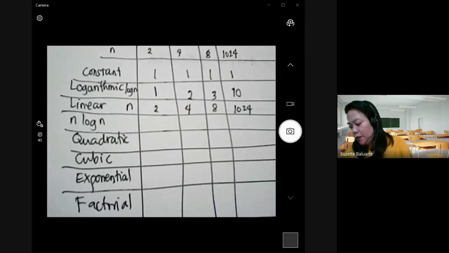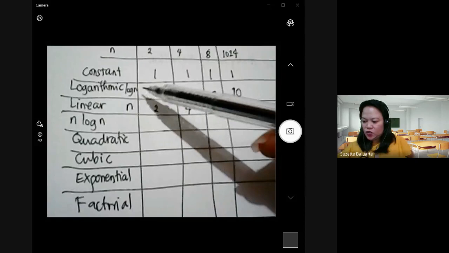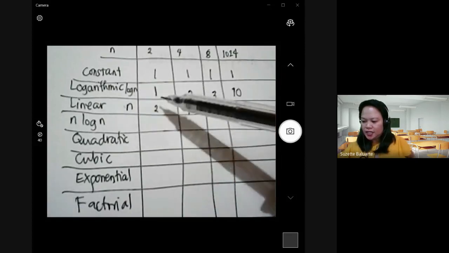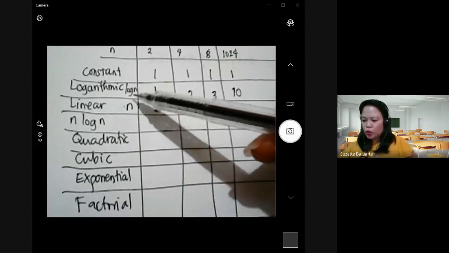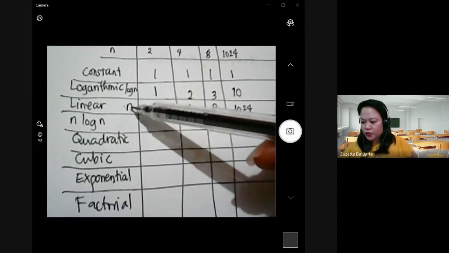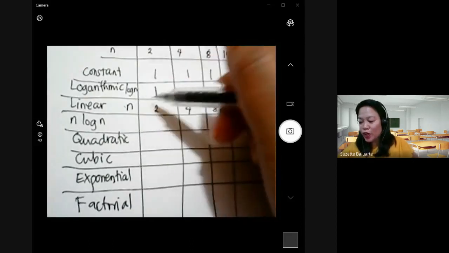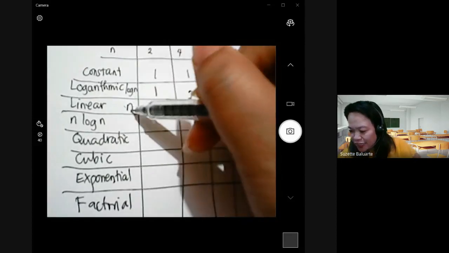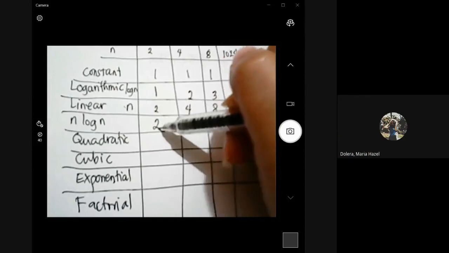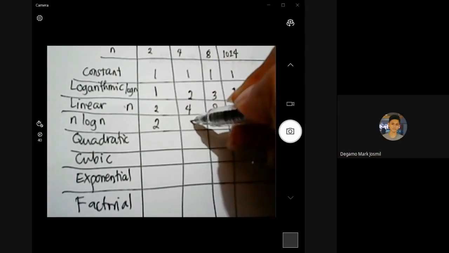Okay, how about n log n? How are you going to do it? N log n. So, it would be 2, the log n is 1, right? So, n times log n, 1 times 2 is what? 2. Next? 8. 8.